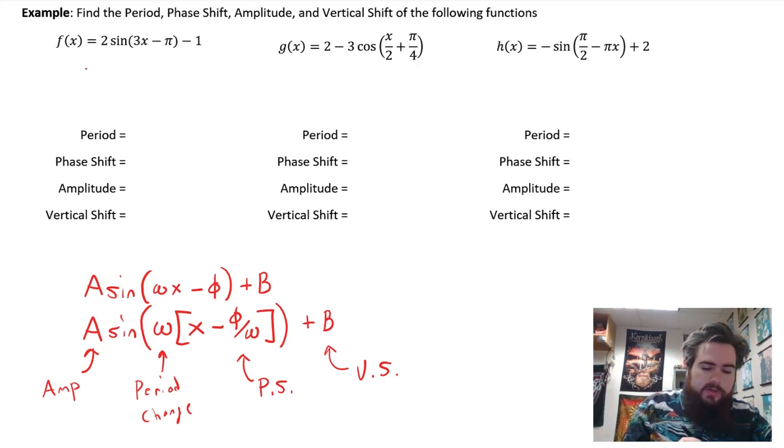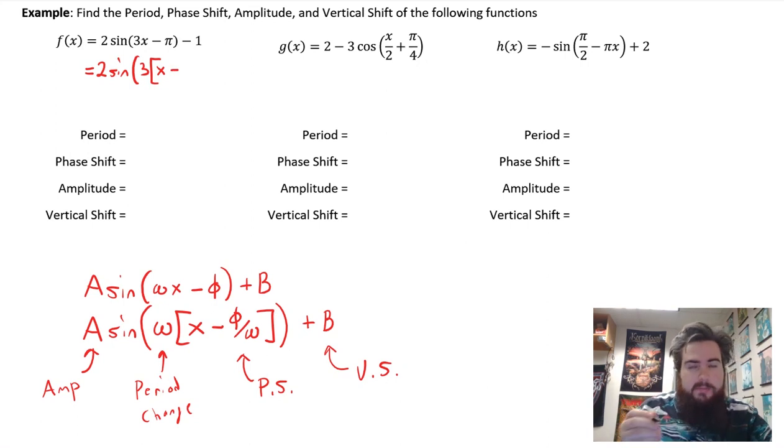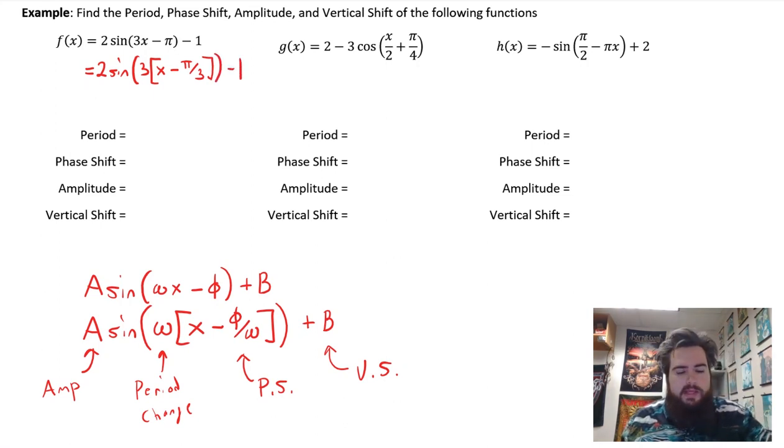First thing I'm going to do to this equation is factor out the 3 on the inside of that function, leaving me with x minus pi over 3. This now lets me identify the specific pieces that I need.